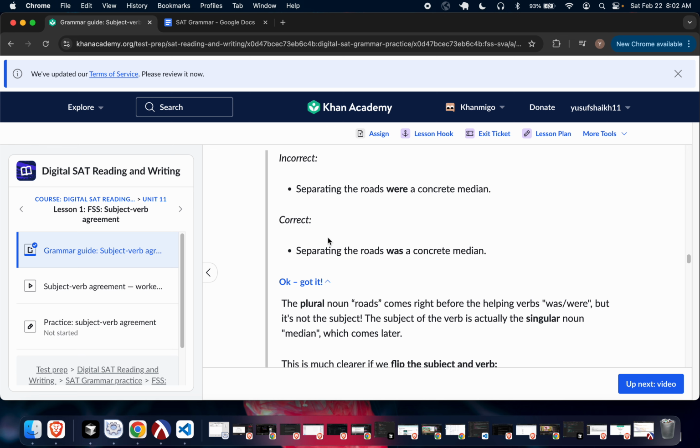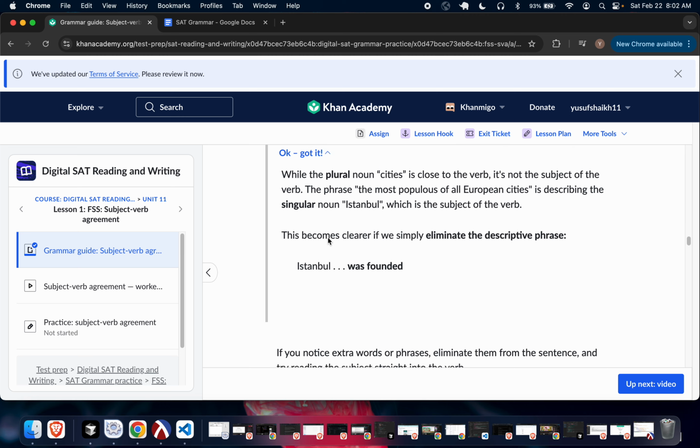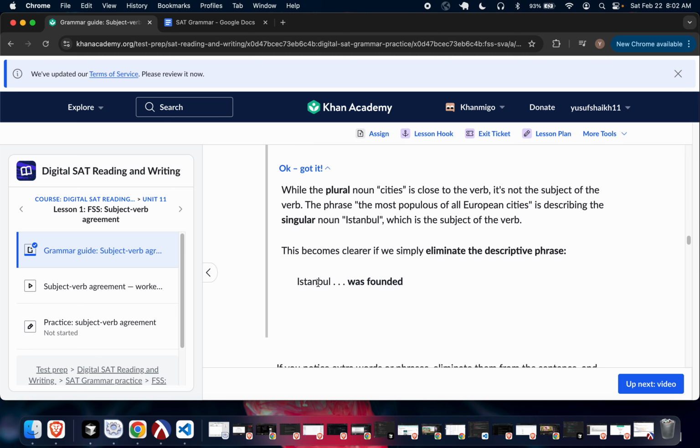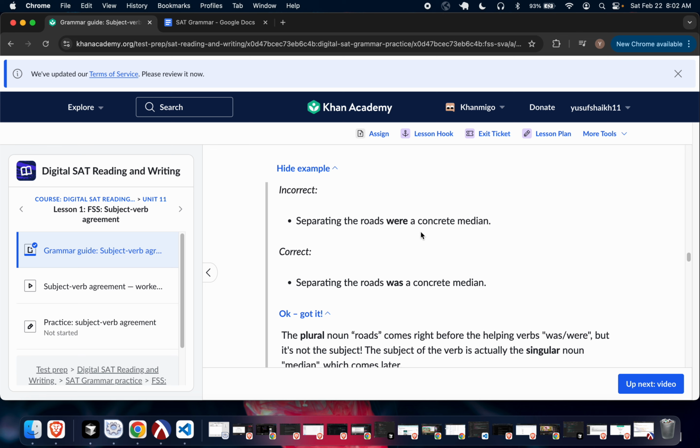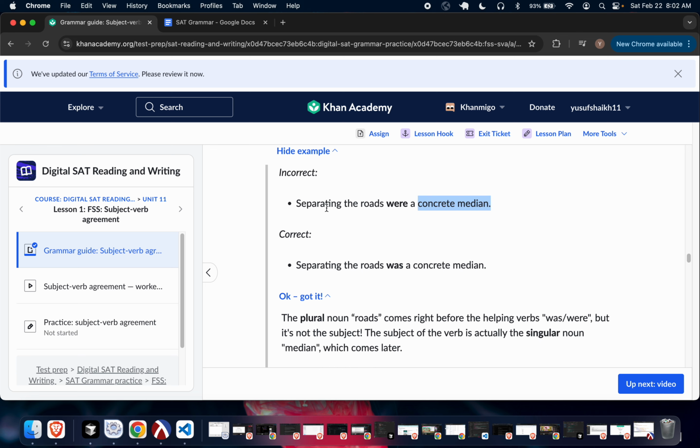So we're used to having the noun, or like the subject of the sentence, come before the verb. Like in this case, Istanbul was founded, subject, and then verb. But in this case, the subject of the sentence is actually the concrete median. You might think that the roads is the subject. It's actually not. It's going to be the concrete median. That's the subject of the sentence. So because it's coming after the verb, in this case the verb is were and the subject is concrete median, you might get confused.